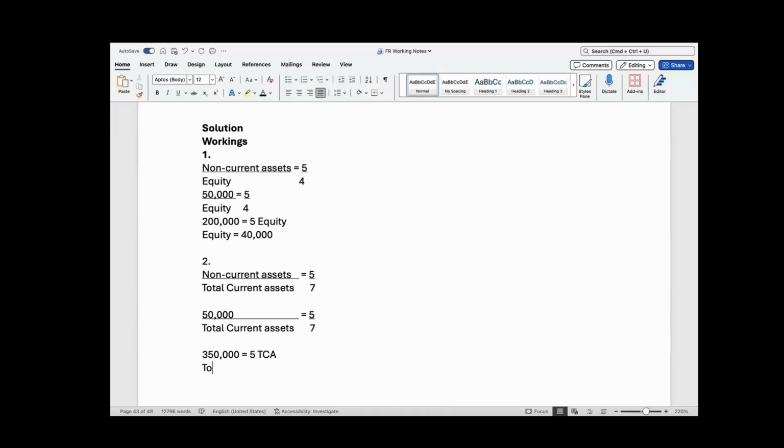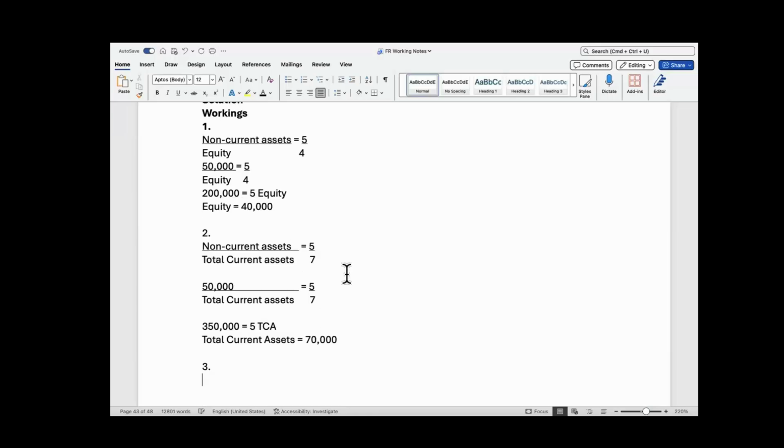If I divide through by 5, my total current assets will simply be 70,000. So I've gotten another figure.